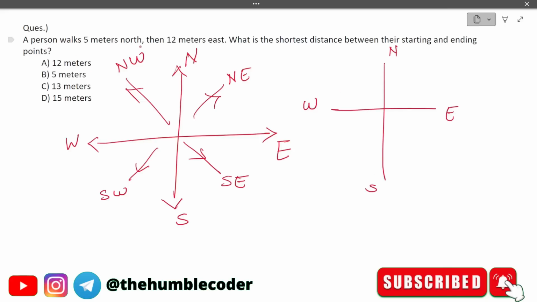A person walks 5 meters towards the north. So the person was standing here, and they walk in this direction 5 meters, and then they walked further 12 meters towards the east, which means they are now here. Now what is asked of us? What is the shortest distance between their starting point and their ending point? So their ending point is here. Okay, I will mark it as E, and the starting point is here. I will mark it as S.